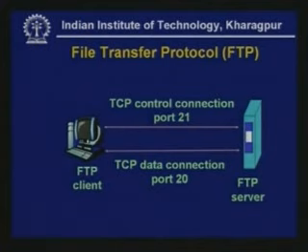One is port number 21, the other is port number 20, and these are well-known ports. The request comes from the client through port 21, and the server opens port 20 with the client and starts communicating.